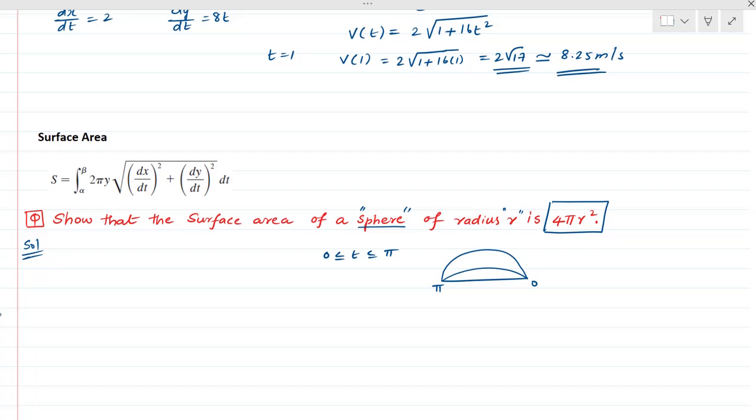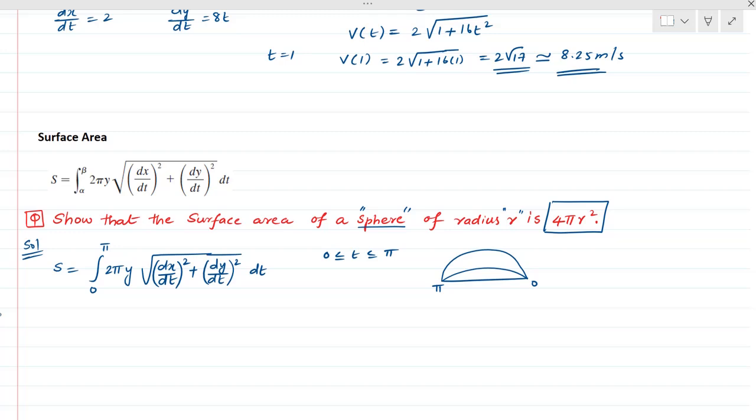Now we will take the formula. The surface area is the integral from 0 to pi of 2 pi y times the square root of dx over dt whole squared plus dy over dt whole squared, dt.